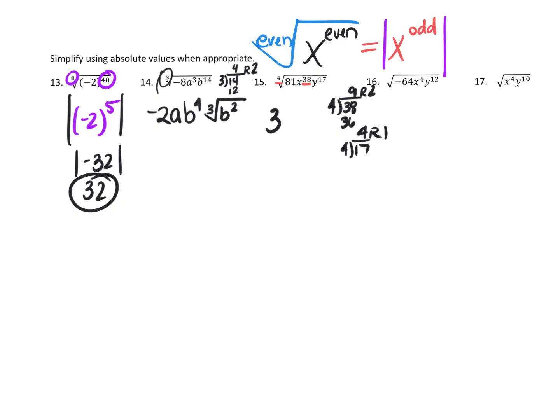So for the x, it's going to be x to the 9th outside. X to the 9th outside, y to the 4th outside, and the 4th root of x, the remainder is 2, so x squared inside, and y, remainder 1 inside. You can write the 1 or not. Now the x went even, odd, so I'm going to put absolute value around the x to the 9th.